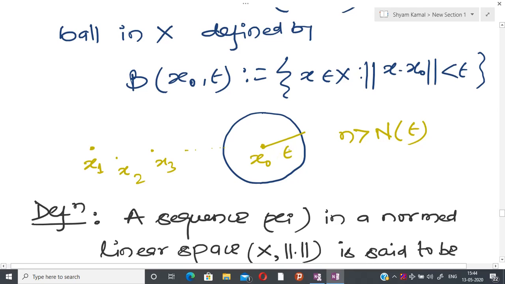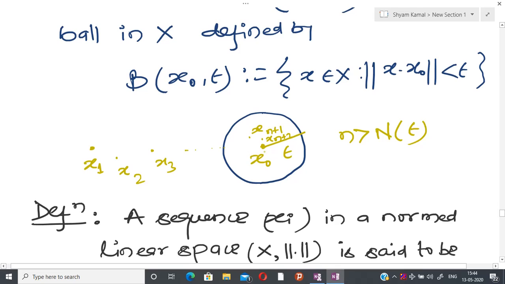It means that if the epsilon ball is very tight, very small, then I have to wait for a very large time instant. After that, at some moment the sequence terms x n plus 1 onward all lie inside this particular ball.